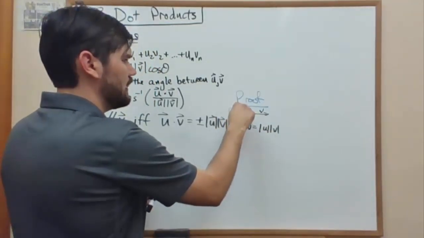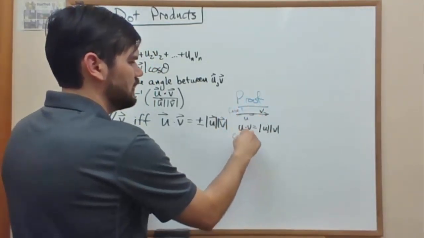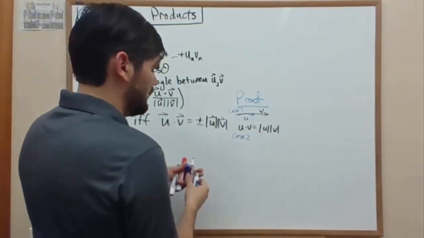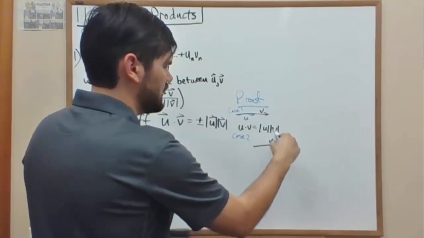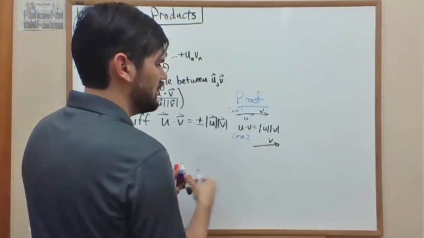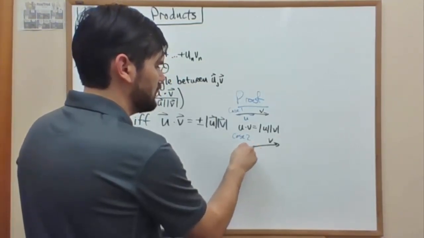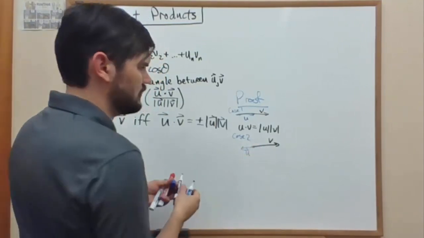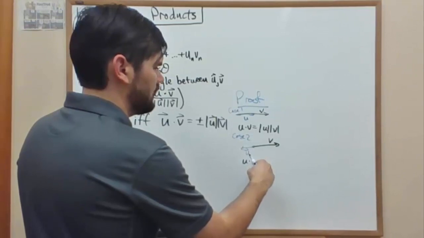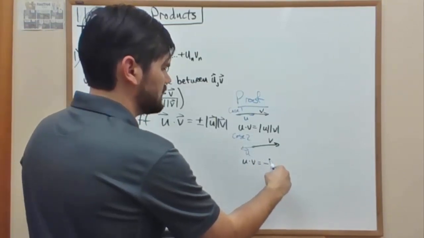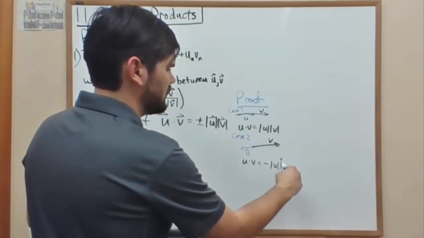That's case 1. Case 2, let's say v is going this direction and u is going the opposite direction, then u dotted with v is equal to minus the magnitude of u times the magnitude of v.